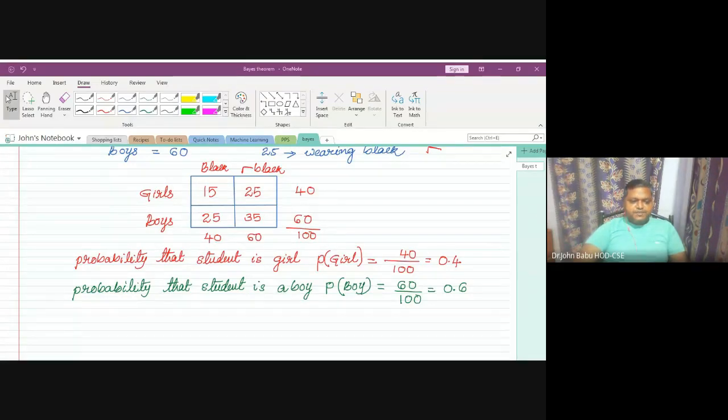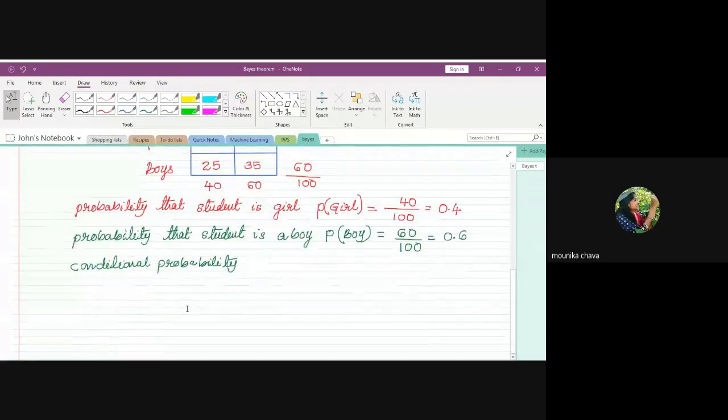That means, in the girls, the probability of a girl wearing black. What is that? 15 by 40.